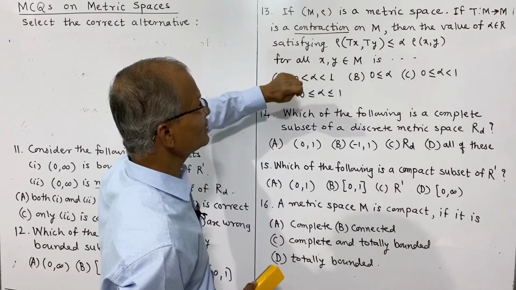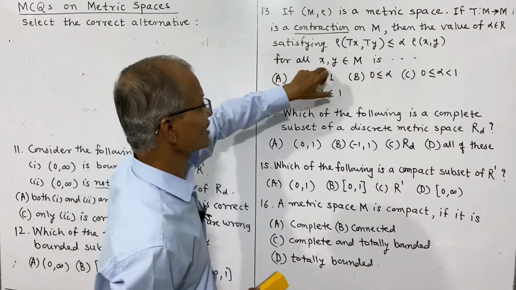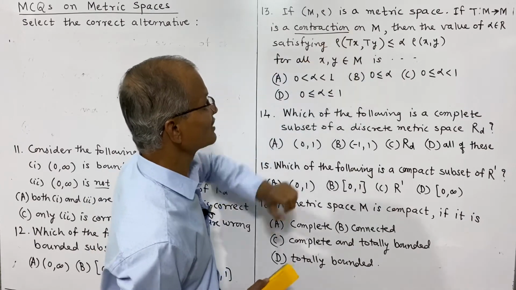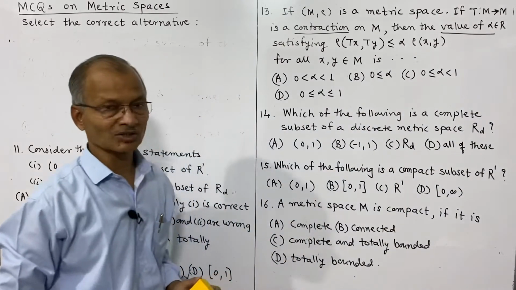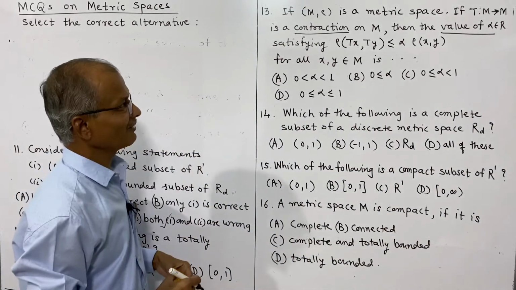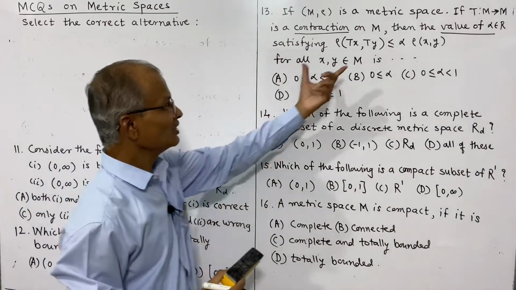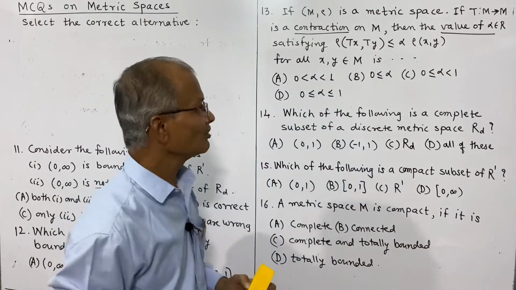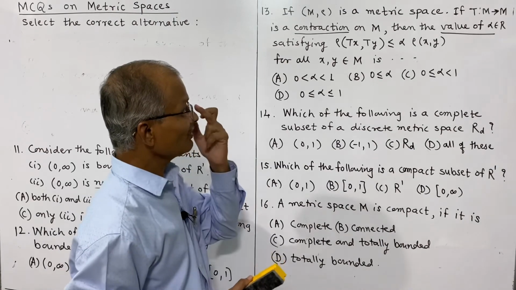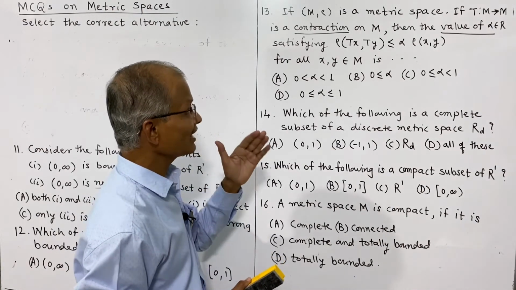By the definition, this distance is smaller than that distance, and that happens if alpha is less than 1.